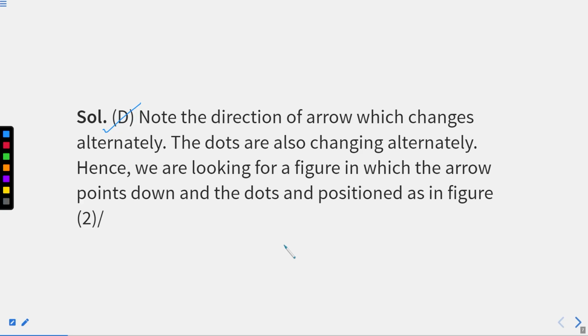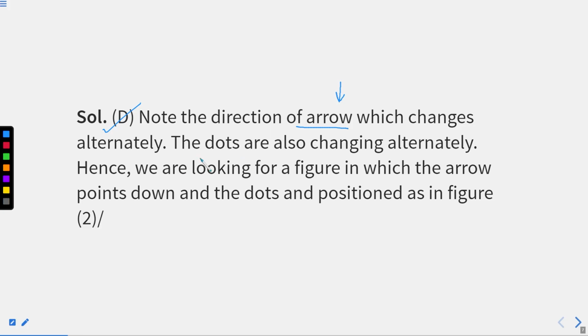Now note the direction of the arrow. As I mentioned while reading the answer part, we are going to revise what I explained to you, right? This way will help you to understand the question well. What is the exact thing? First, note the direction of the arrow, that we know is downward, which changes alternatively, right?